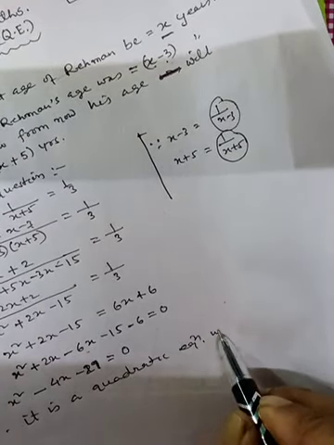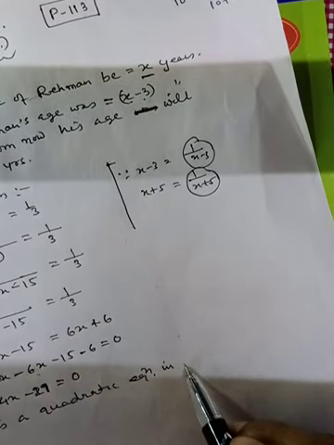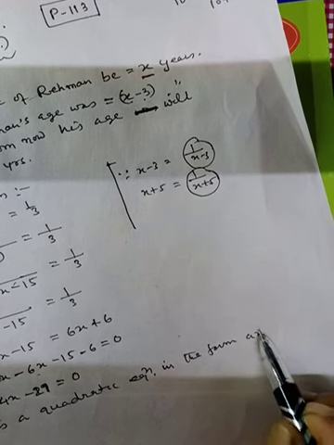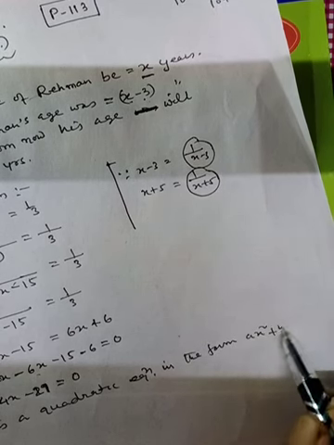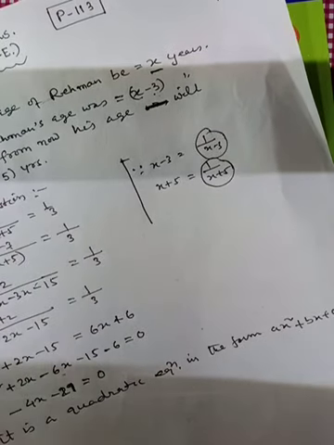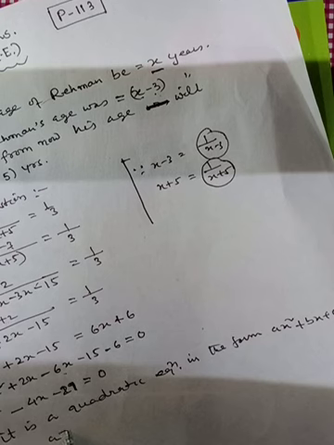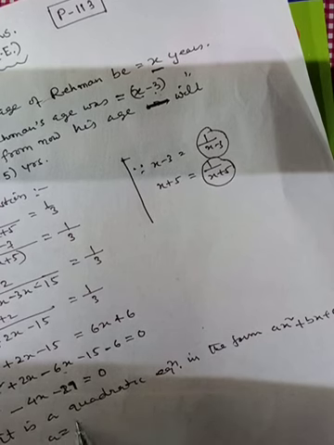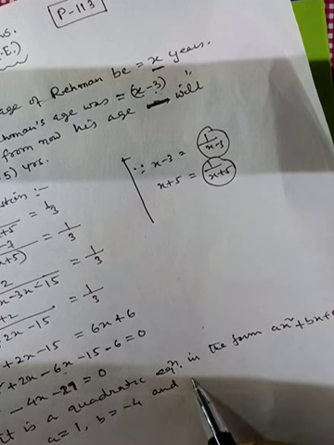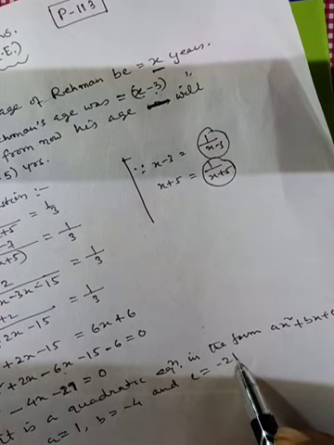So it is a quadratic equation in the form ax square plus bx plus c equal to 0, where a equals 1, the coefficient of x square, b equals minus 4, and c equals minus 21.